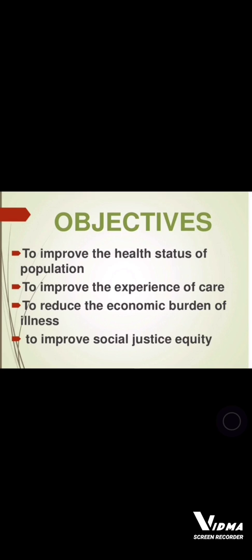After making policies and making staff, they will regulate all these things, so the objective is to improve the health status of the population. Whatever the health status is right now, after making policies and delivering health services, they will improve the health status of each and every single person in the community.